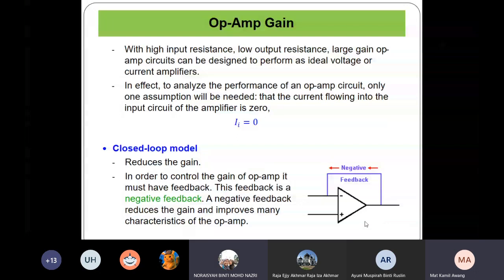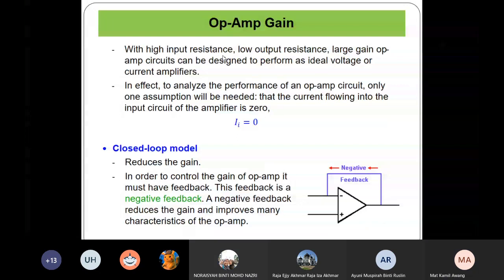Saya boleh tak ulang balik, Sir? Which part? Yang open loop sebab apa, dia boleh zero. Okay, because of this high resistance. When resistance is high, what is I equal to?